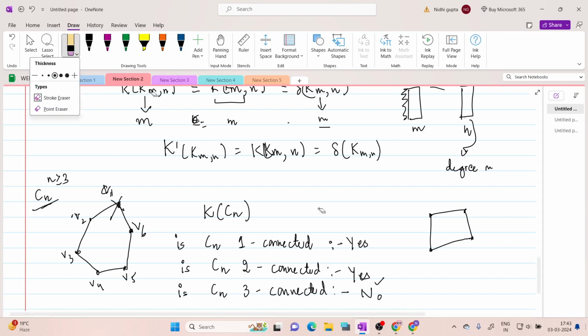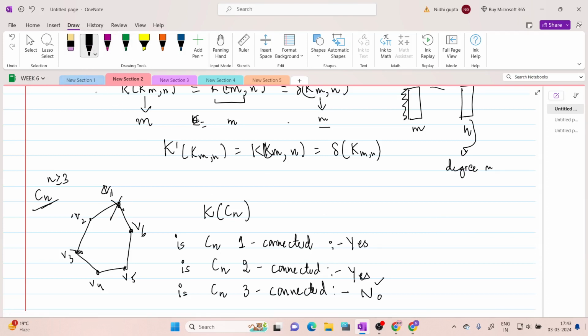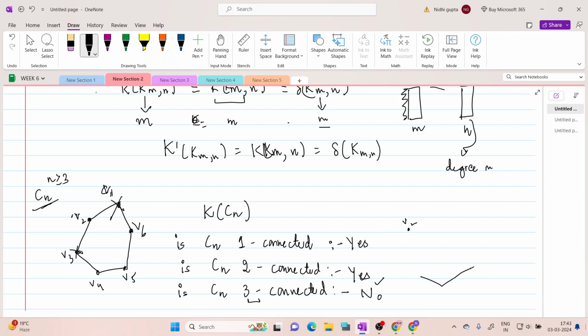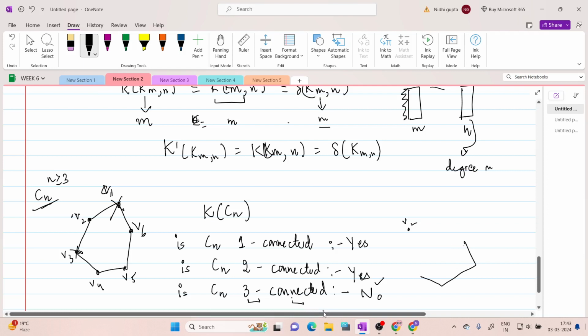V1, V3. If we remove V1 and V3, then we see that V2 becomes isolated. As in, the resultant graph will have one vertex here and the others here. So we see that Cn is not 3 connected.